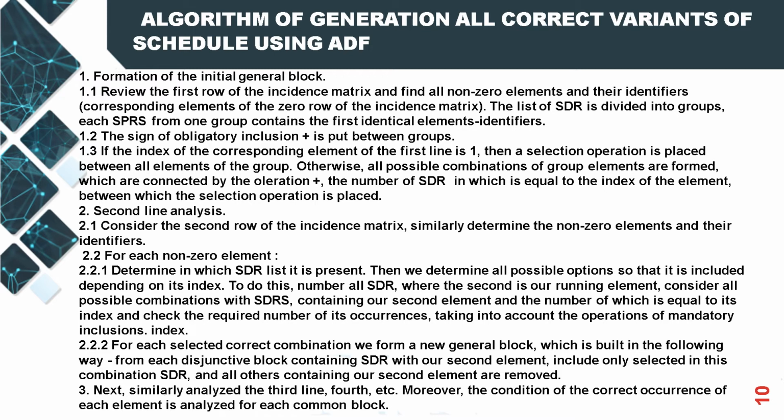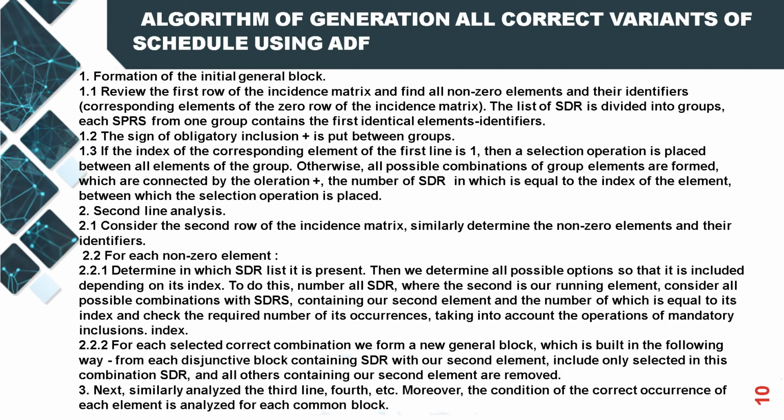First step is formation of the initial general blocks. Second and third and next steps are analysis of all lines of the incidence matrix. If we consider, for example, the second row of the incidence matrix, we must for each non-zero element determine in which CDR list it is present.